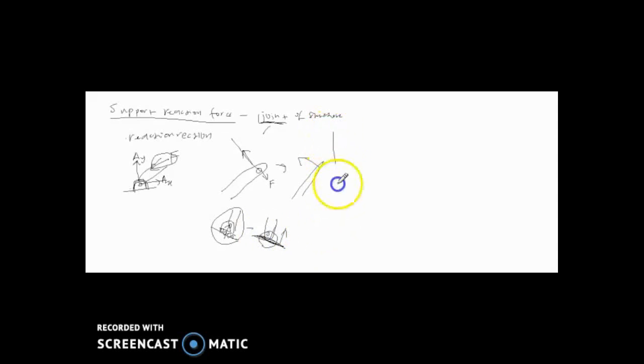One more example I would like to show you is the difference between this joint and this joint. It has a pin, and this one is directly fixed on the wall. This kind of support, you will have a reaction force AX and AY. But this one, you have a reaction force of AX and AY, but also a moment here.